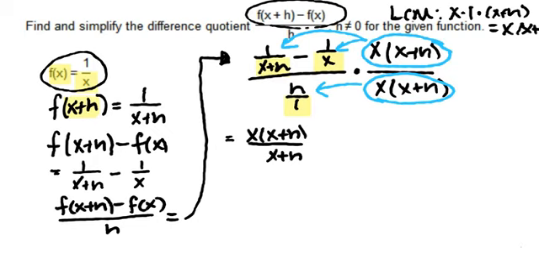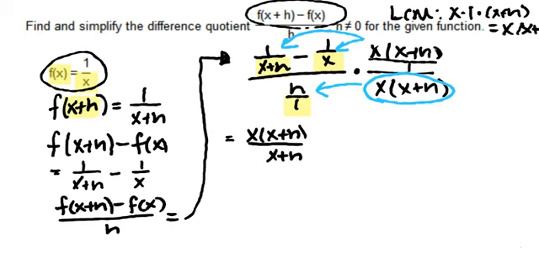When you multiply fractions, you multiply numerator times numerator and denominator times denominator. So we're imagining that this expression, x times x plus h, is over 1, and so 1 times x plus h keeps that denominator as x plus h.